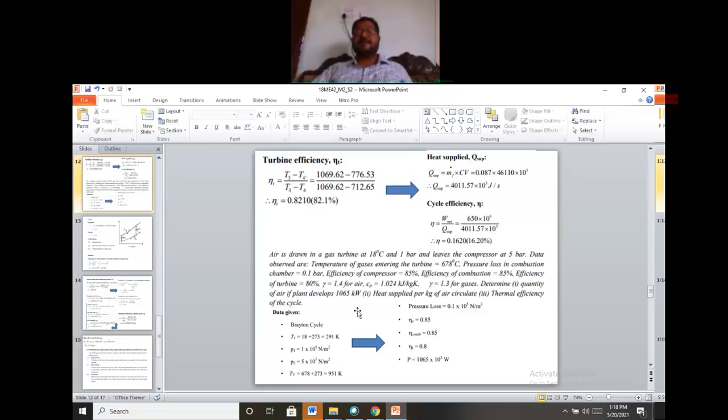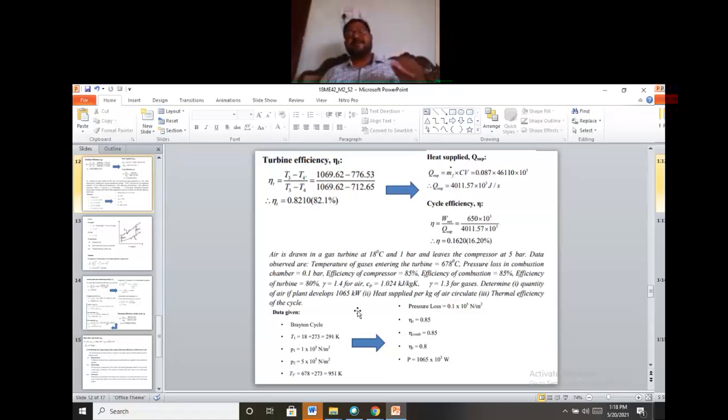Pressure loss in the combustion chamber is 0.1 bar. Efficiency of the compressor is 85%. Efficiency of the combustion is 85%. Efficiency of the turbine is 80%. Gamma is 1.4 for air, and Cp value is 1.028 and gamma is 1.3 for gases. Determine the quantity of air if the plant develops 1065 kilowatt.